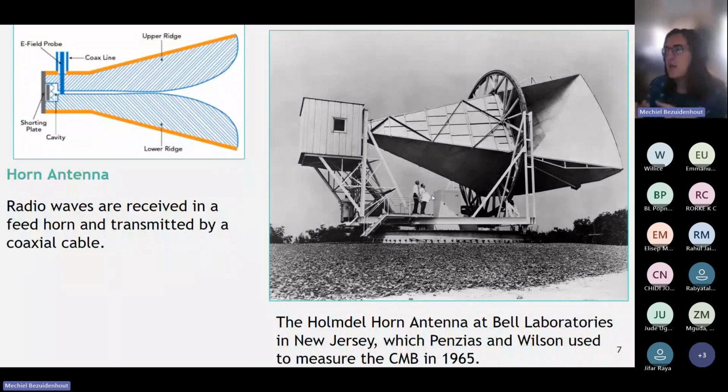And today we don't really use these horns by themselves anymore, but telescopes like MeerKAT use what's called a feed horn.